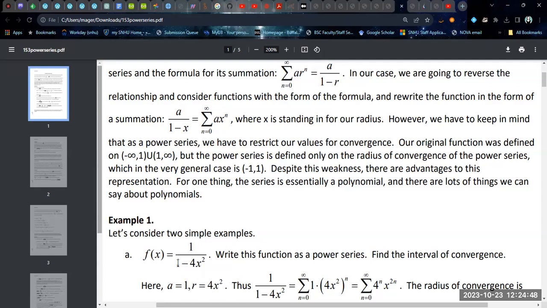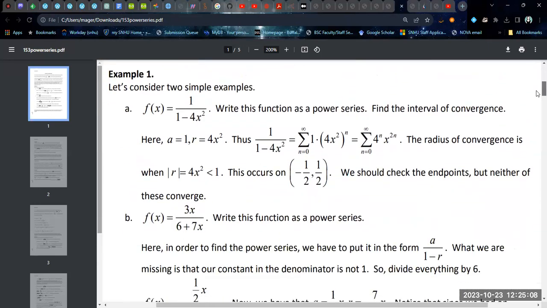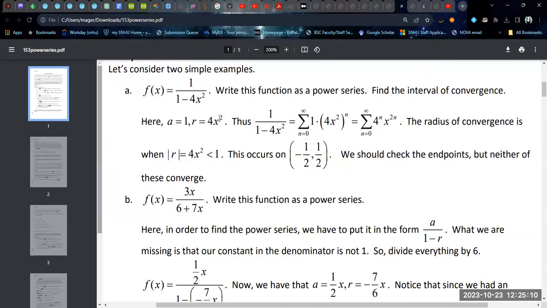Now, it's very important to keep in mind that the constant in the denominator has to be a 1, and the sign should be negative. If it's positive, then we would split it up into a minus and then a negative, and then we would have one negative for the formula, and one negative would go into the power series. But in this case, it's already just one negative, and so our r is this positive value of 4x squared.